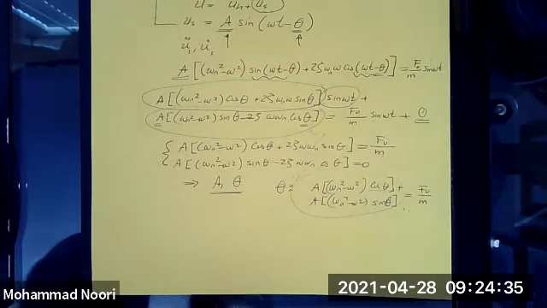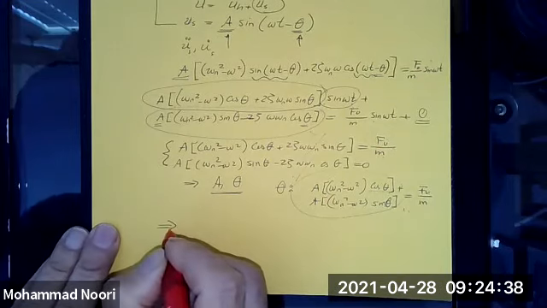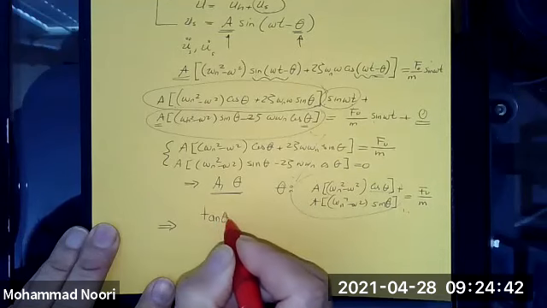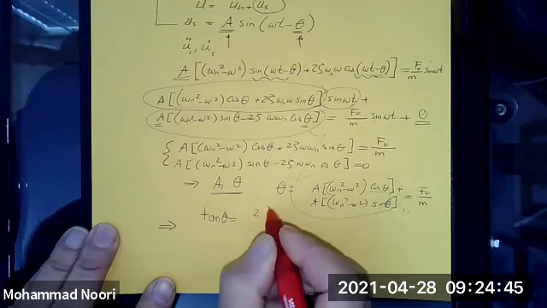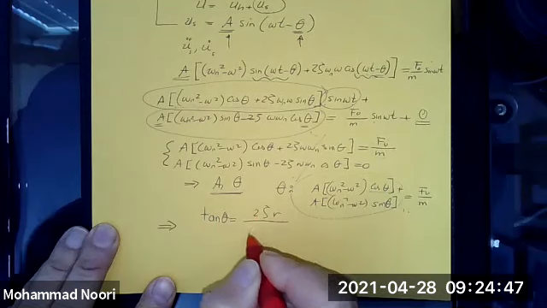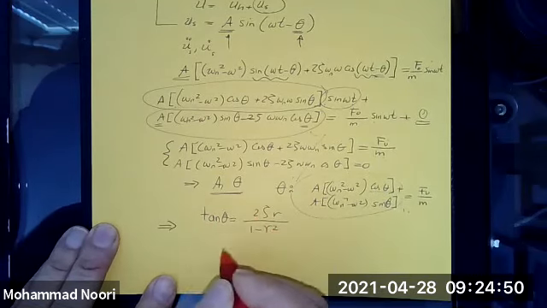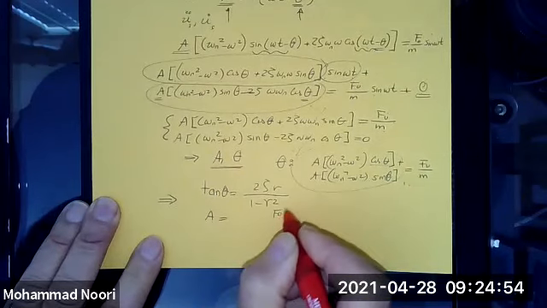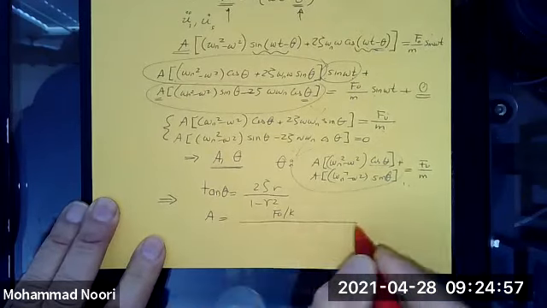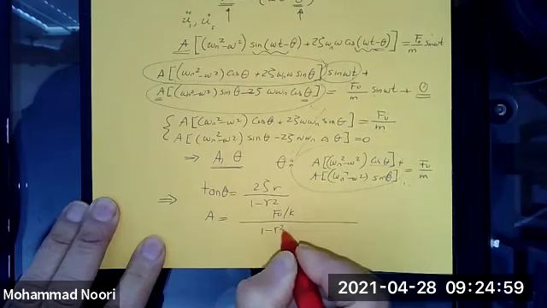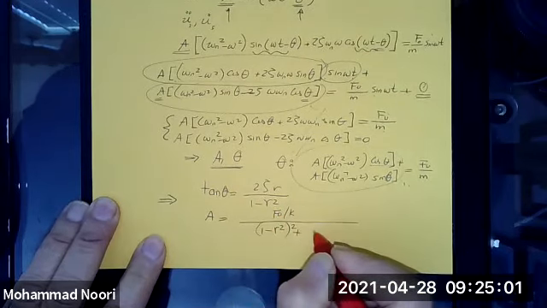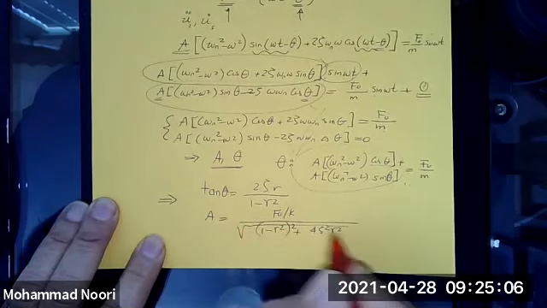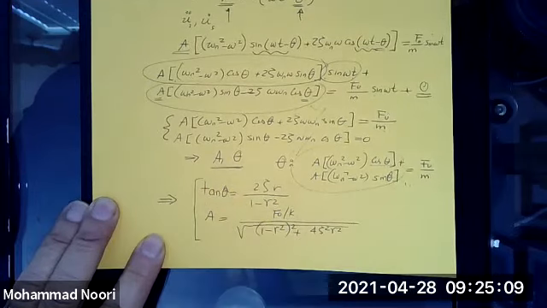You go through all kinds of algebra, and eventually the solution would be the tangent of theta comes out to be this function, okay? And A will be this value, F0 over K, 1 minus R squared plus 4 zeta squared R squared, root of that.